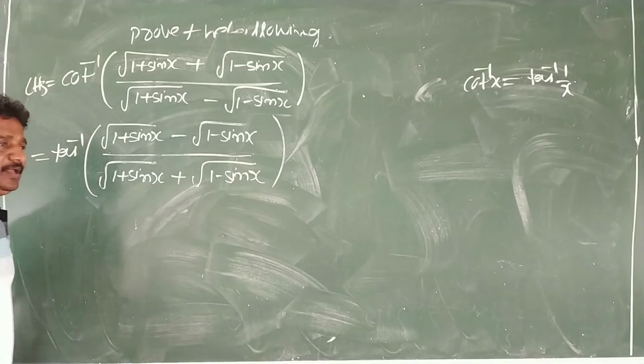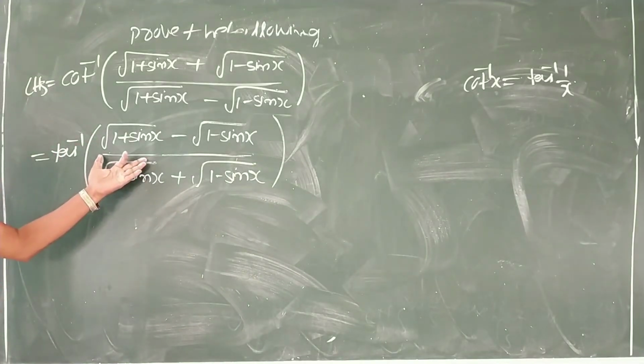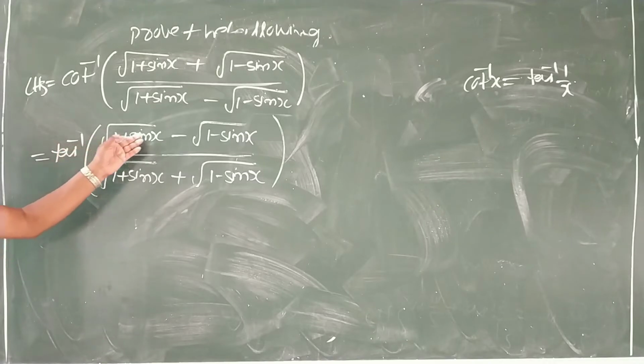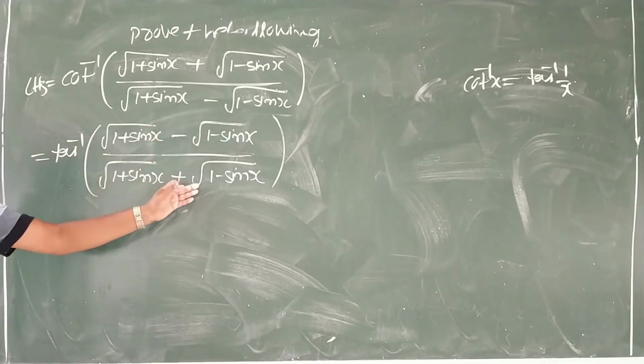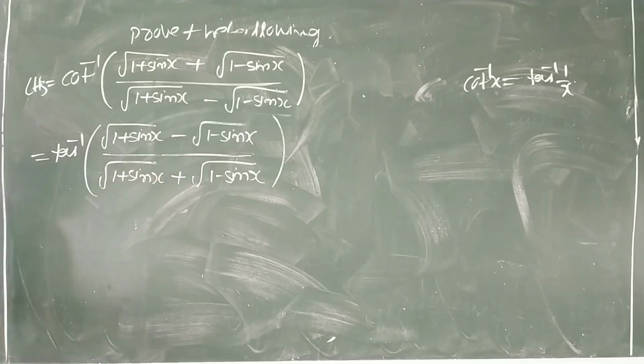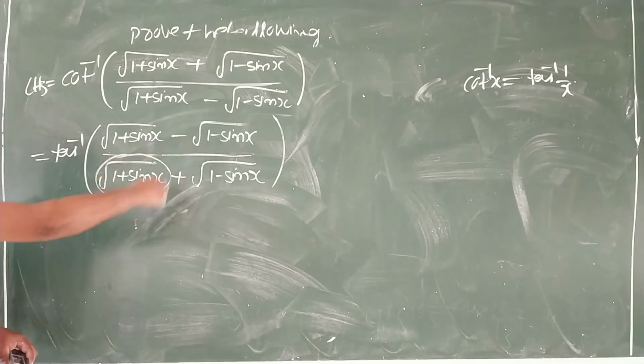Do you remember, students? We have solved this type of problems. Write sine, cos, then sine minus cos, sine plus cos, a dividing problem. By how much should we divide? You must divide every term by this quantity.